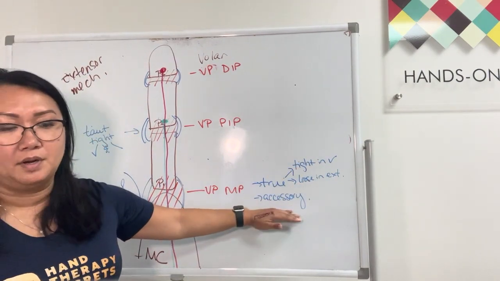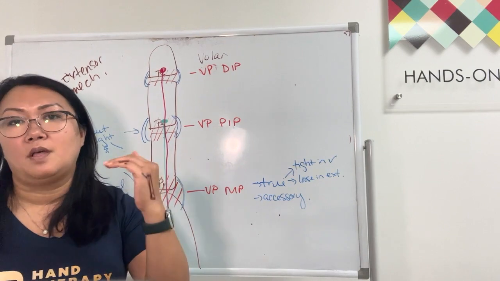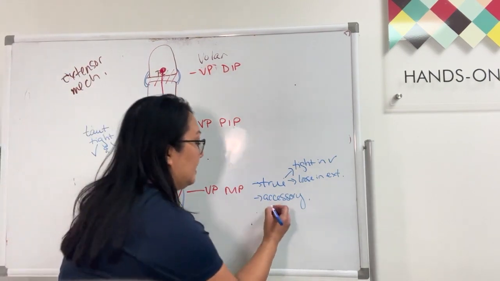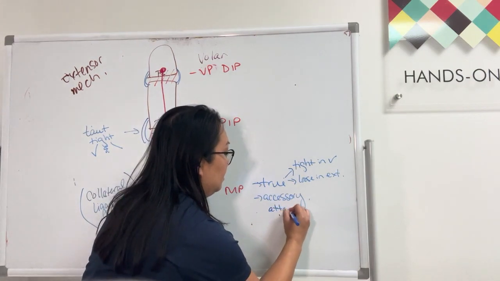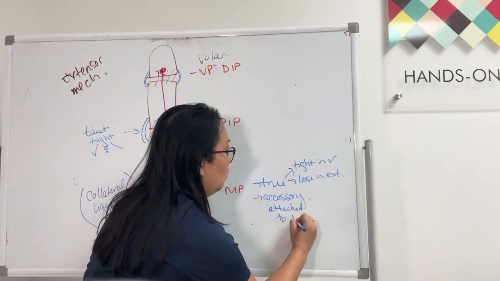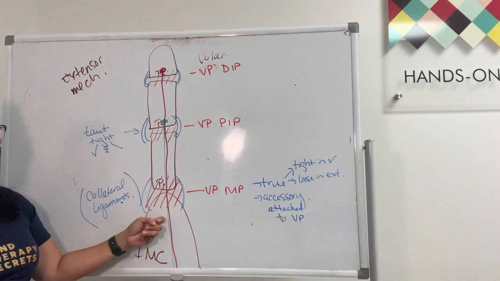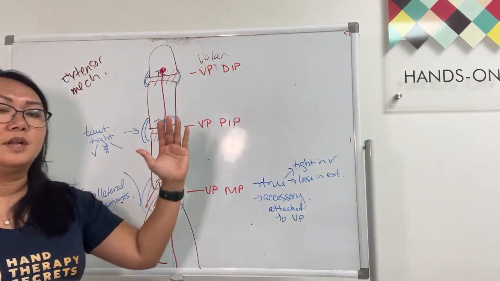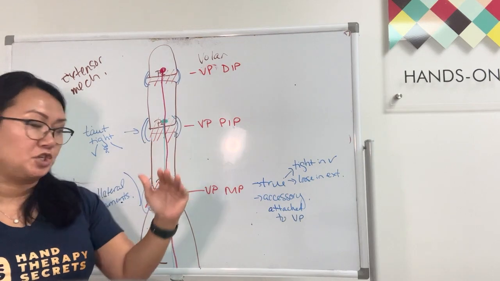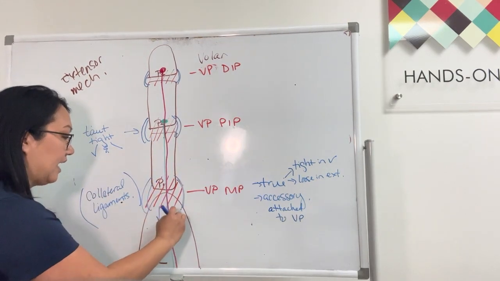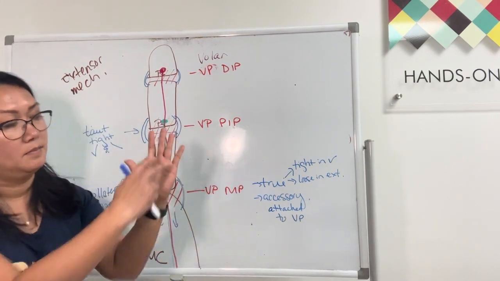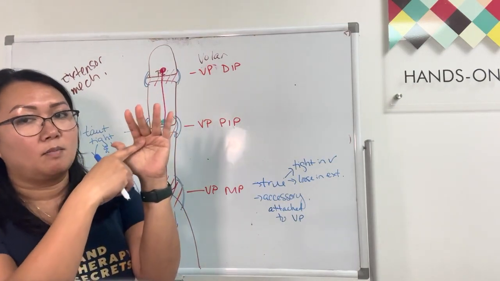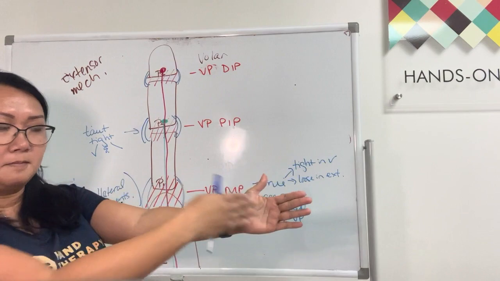The accessory part of the collateral ligament is attached to the volar plate. Remember the volar plate? So the volar plate, when it goes into flexion, slides down proximally. So when you go into flexion, it's supposed to slide down proximally, right?